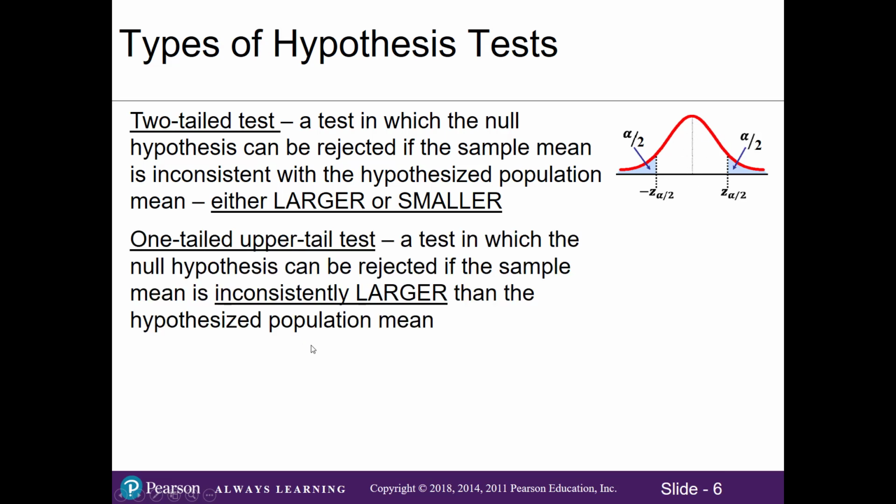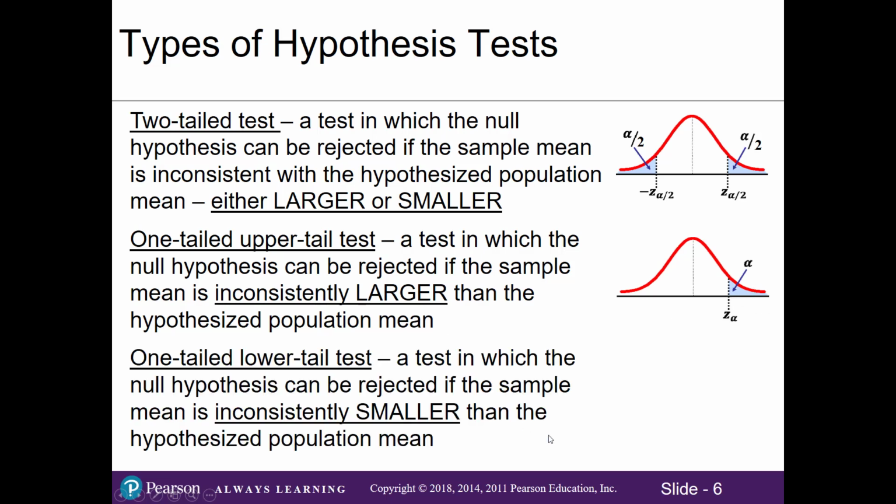A one-tailed upper test is where we're testing to see if the null hypothesis will be rejected if our sample mean is much larger than our hypothesized population mean. So with a one-tailed upper tail test, we can see that if my sample mean is so much larger than our hypothesized mean, it's going to be on the right tail over here.